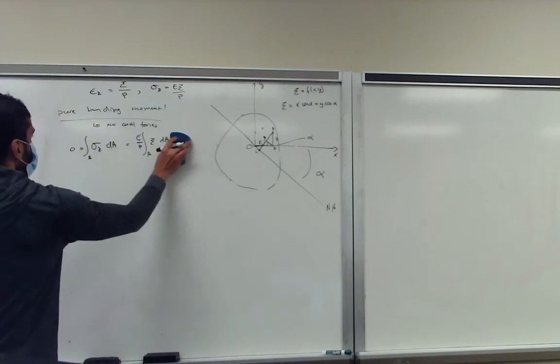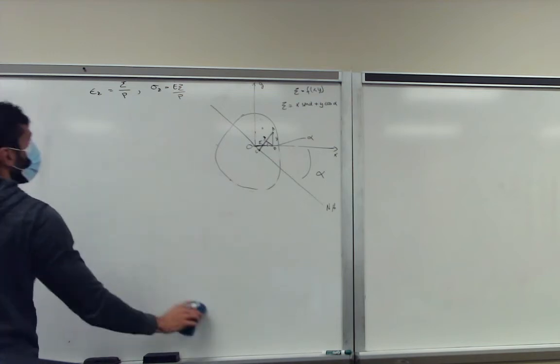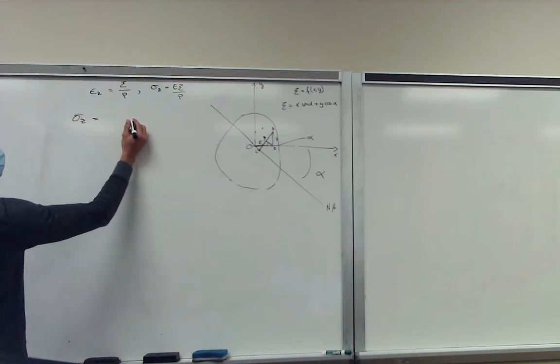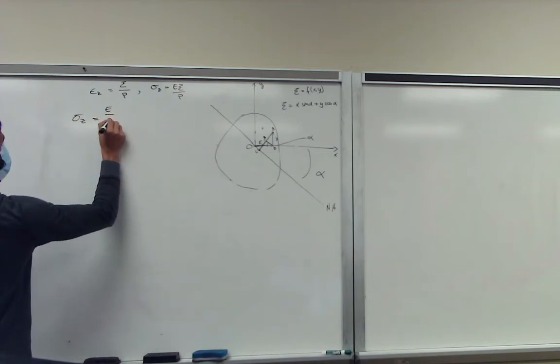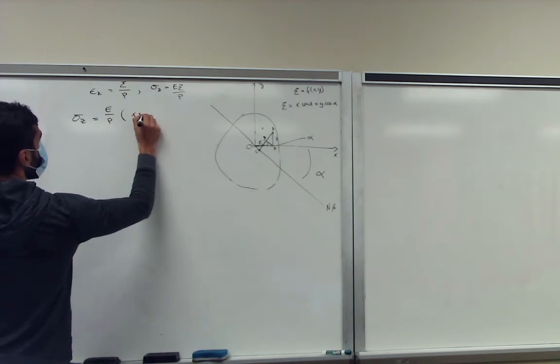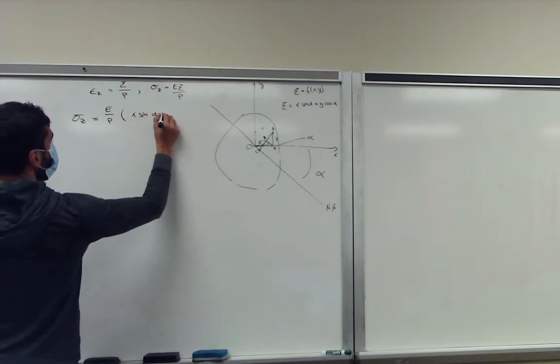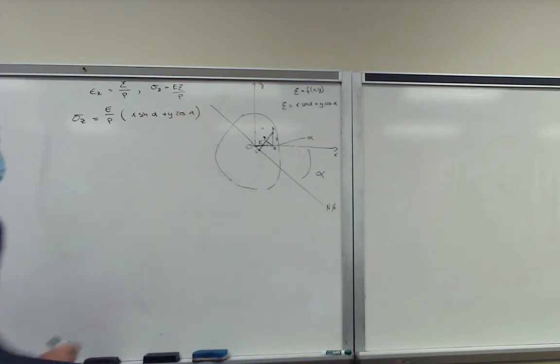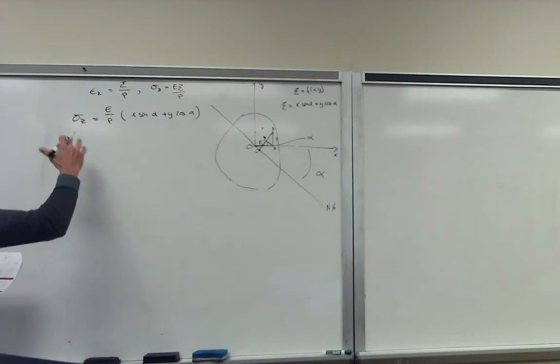Basically, we can plug psi into our stresses. So what we get is E over rho times (x sine alpha plus y cosine alpha). Then we say our applied moment must be equal to our moment due to the integral of the stresses.